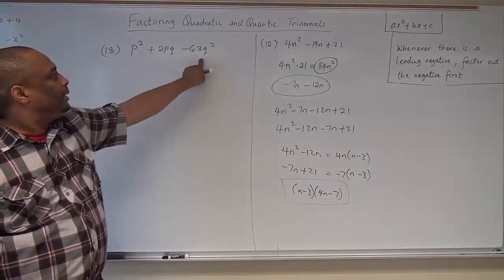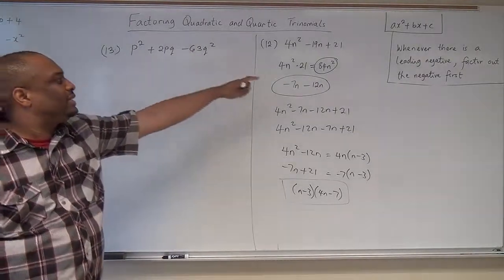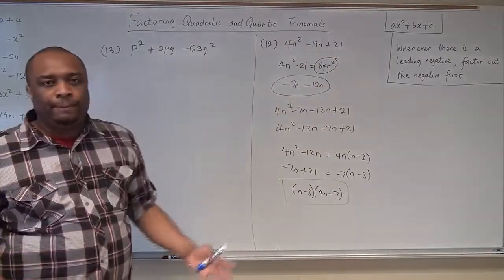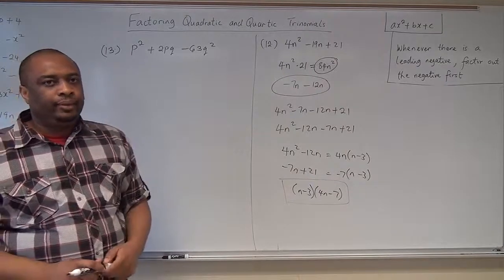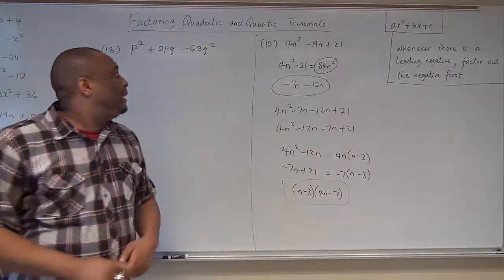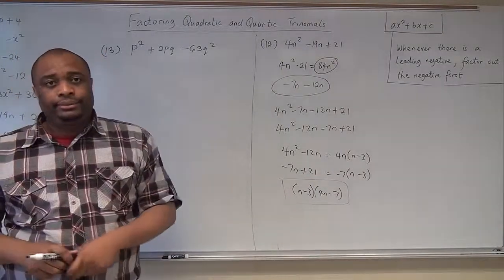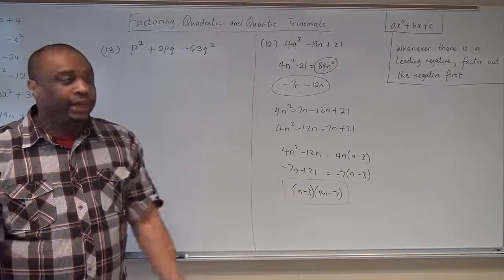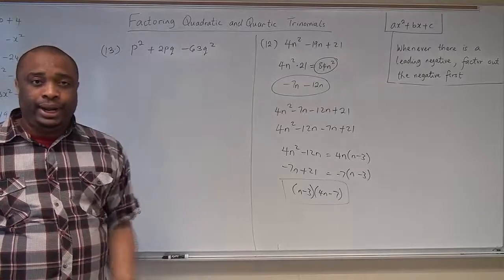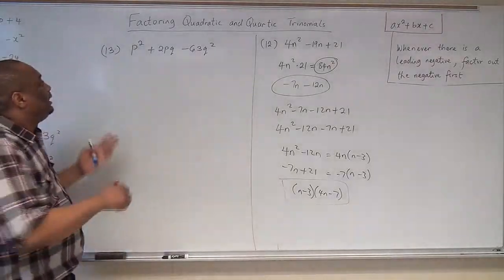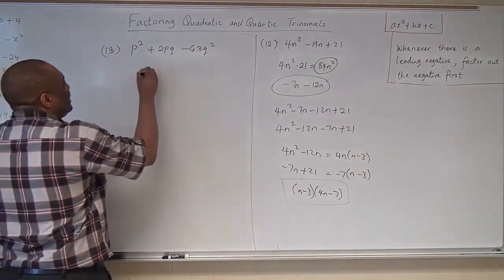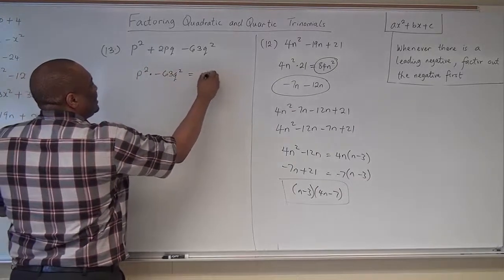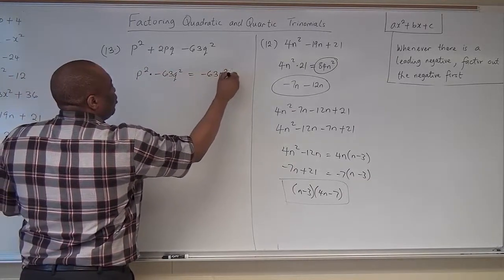We've been dealing with the third term being numbers, but in this case, it's not. Come on, folks, do it the same way. This with p squared times negative 63q squared, that is negative 63p squared q squared.